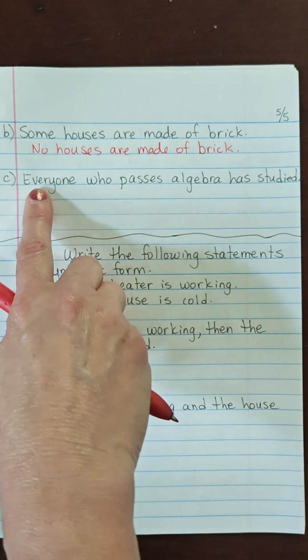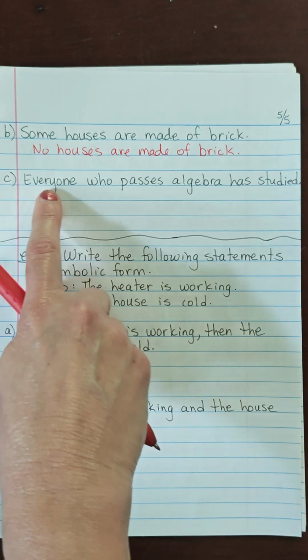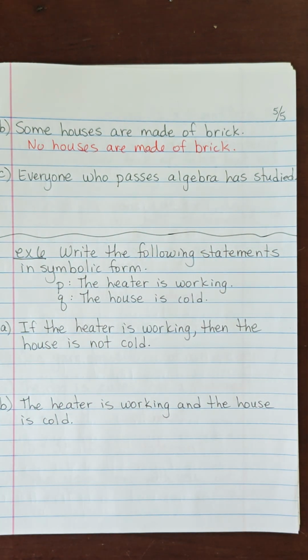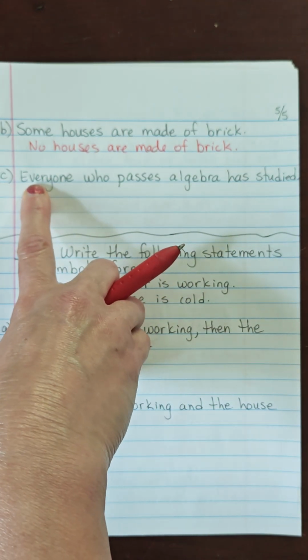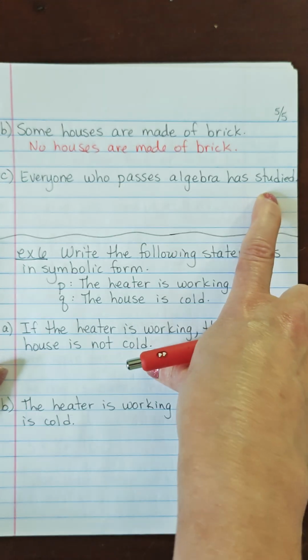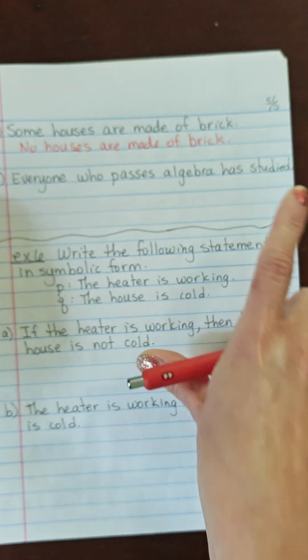Okay, last up. Everyone who passes algebra has studied. Everyone is a universal quantifier, right? It's an all kind of a thing. So the opposite of everyone who passes algebra has studied is the existence of someone who passes algebra who has not studied.